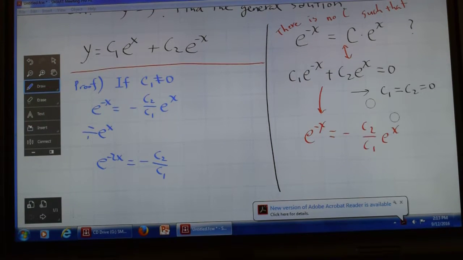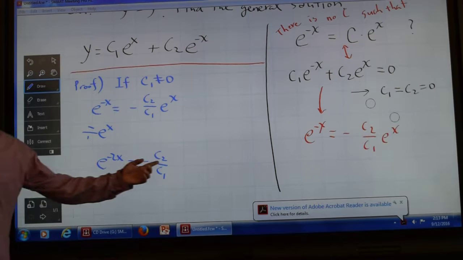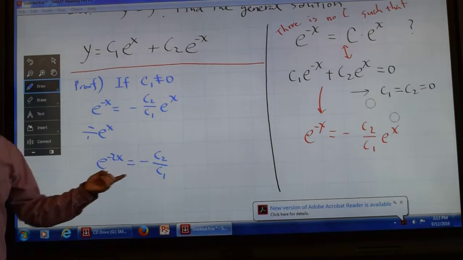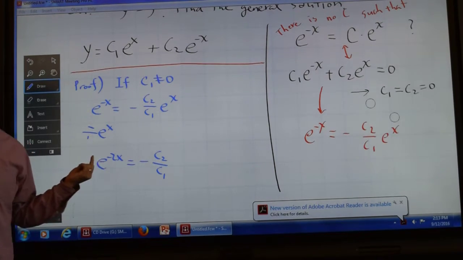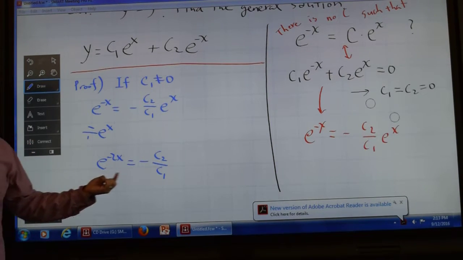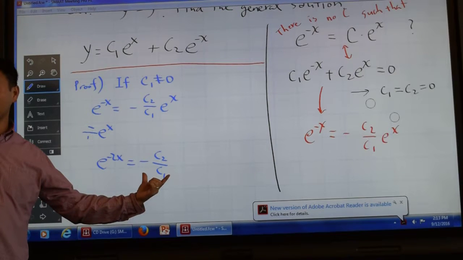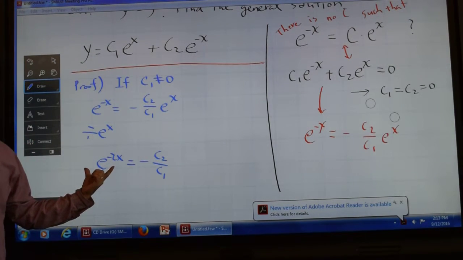Okay, is there a contradiction? Can this happen? You have a constant function on the right. What's this? It's a function that depends on x, right? Yeah.